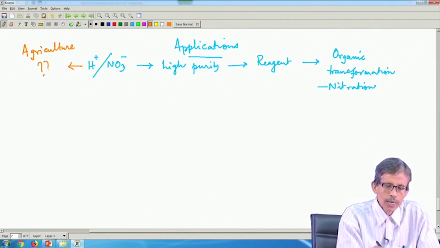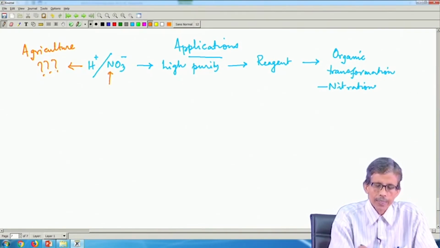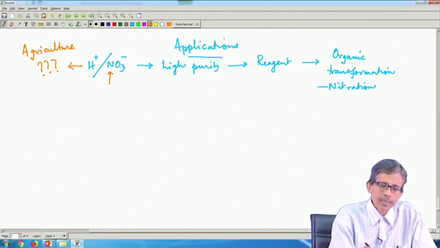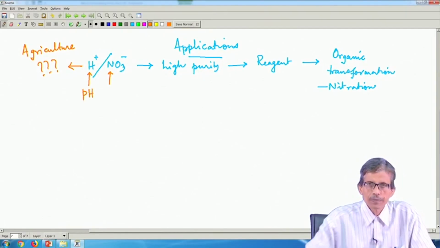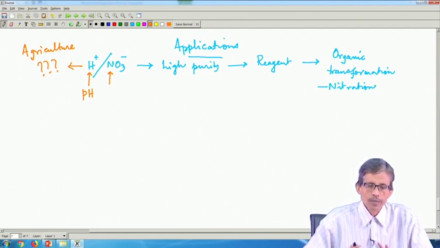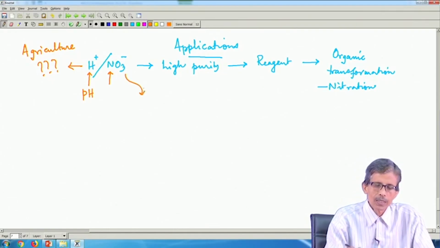What do we use there? We all know that nitrate is the corresponding micronutrient for the plants, for the trees. Similarly, this can also be useful for the adjustment of the pH. We cannot directly use this as the supplement for the soil. We have to transform it to a salt.